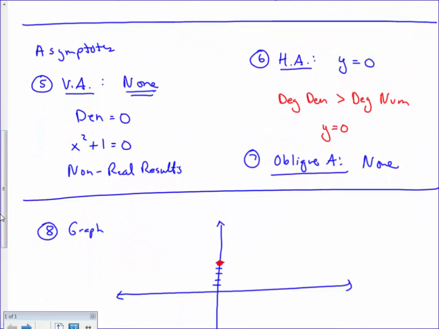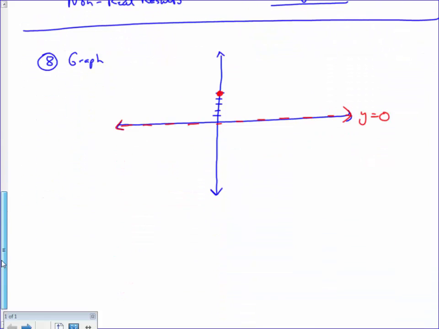Didn't have any vertical asymptotes. We did have a horizontal asymptote at y = 0. So I'll dot the x-axis and label that y = 0. And that was all we had. Now, this being all we had forces us to go to our calculator. We know that the graph must show up above the x-axis because we have a y-intercept above it. But we don't necessarily know what the shape of our graph is going to be.